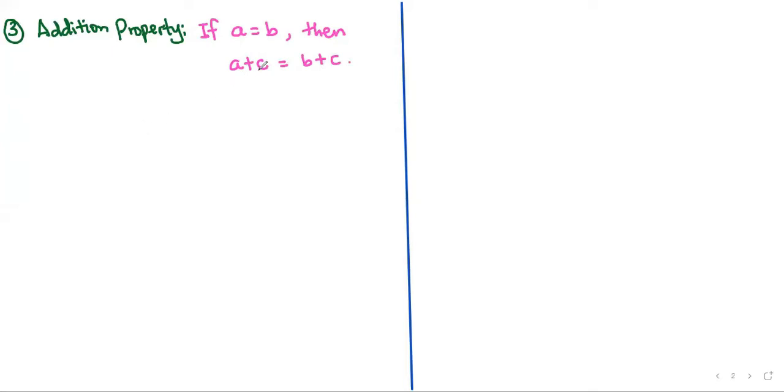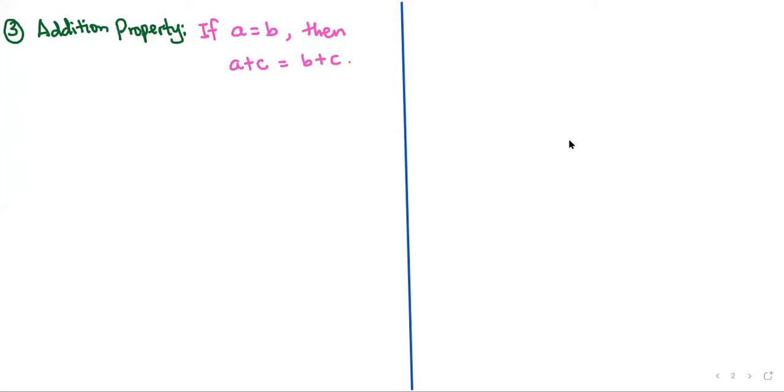That's why when we added C here, we also added C here. So we call this the addition property. Okay? I believe you understand that.